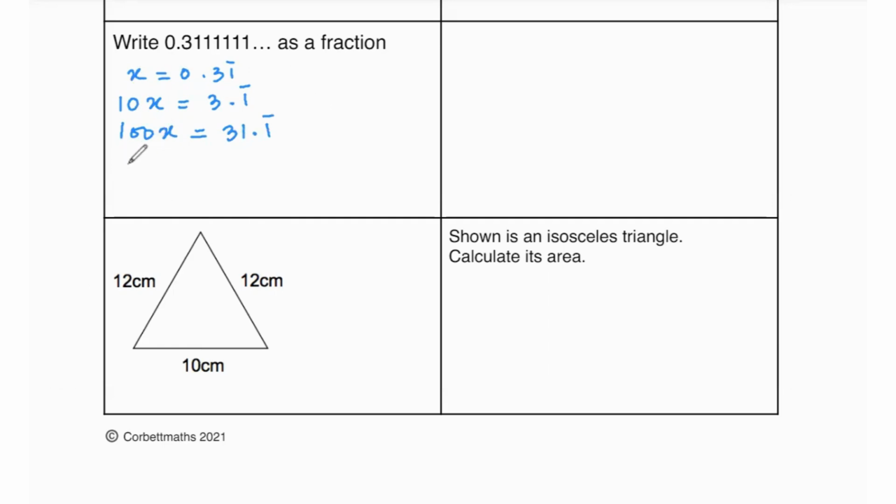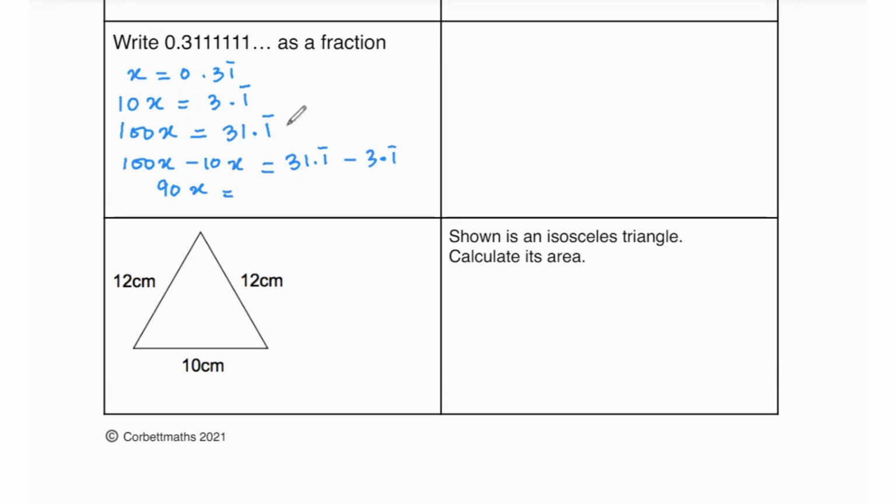So if we subtract 100x and 10x, that's going to be equal to 90x. And over here, we'll be doing 31.1 recurring minus 3.1 recurring. The reason we're subtracting 100x and 10x is because we're trying to get rid of the numbers after the decimal.